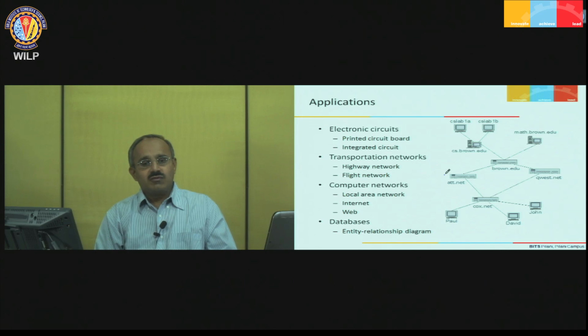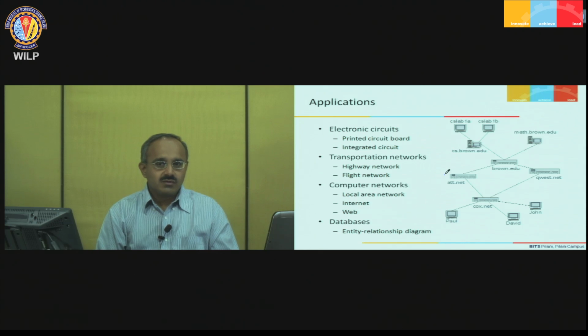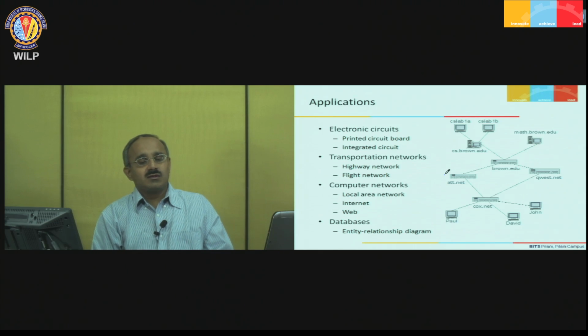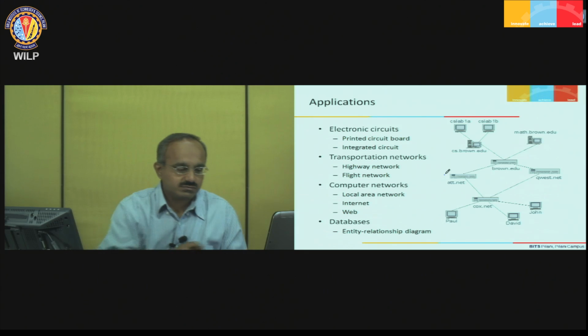So, a lot of real life applications are going to be modeled as a graph, and so there are plenty of real life problems based on these applications, which are going to be solved once these problems are modeled as graphs, and we try to understand the solutions using the graphs.